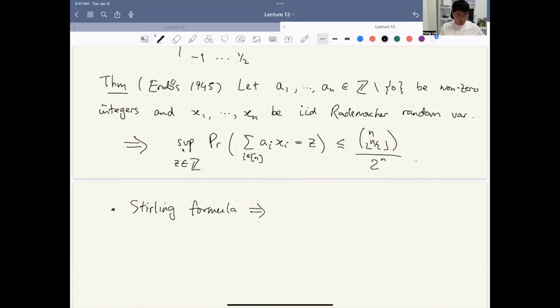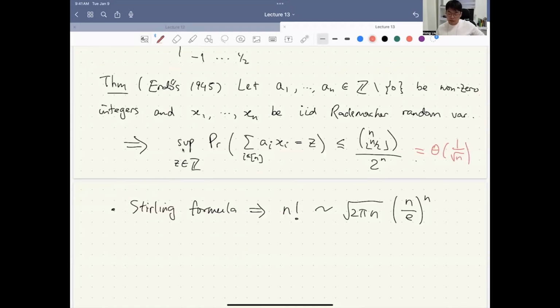Stirling's formula implies that n factorial, when n goes to infinity, is asymptotically (1 plus little o(1)) times the square root of 2 pi n times (n over e) to the power n. So what this is saying is that it's of order of magnitude, if you do the calculation, 1 over square root n.